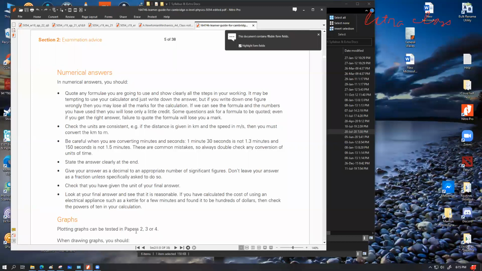A single electrical kettle cannot make an electrical bill of hundreds of dollars per month. This is just unlikely, which would imply that you have some error in your calculation process, and you can go forward and compensate for the calculation mistake.